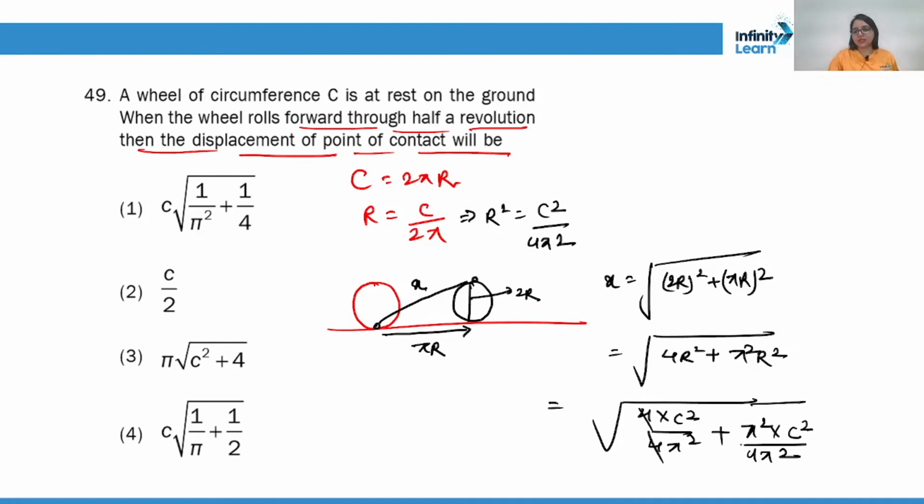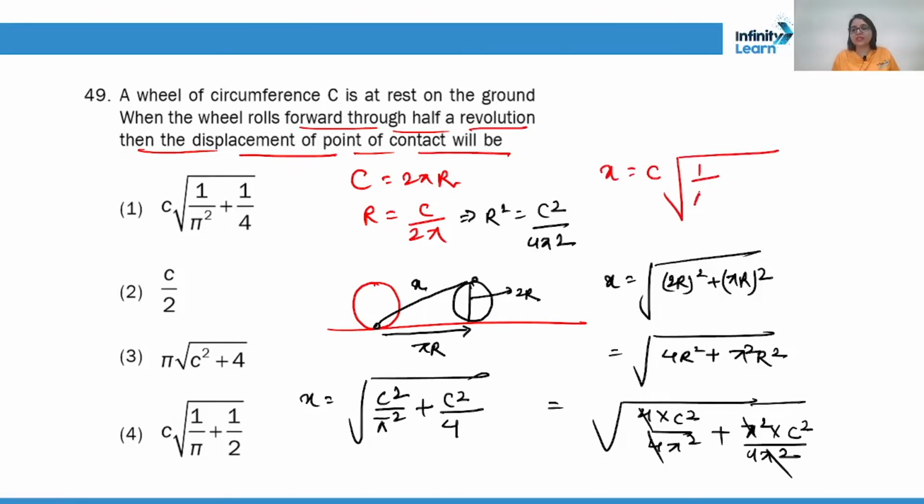So 4 will cancel this 4, pi square will cancel this pi square. So we have total x as under root of c square upon pi square plus c square upon 4. You can take c square common and outside, so it will become c. So x will be c times under root of 1 upon pi square plus 1 by 4, which is option 1.